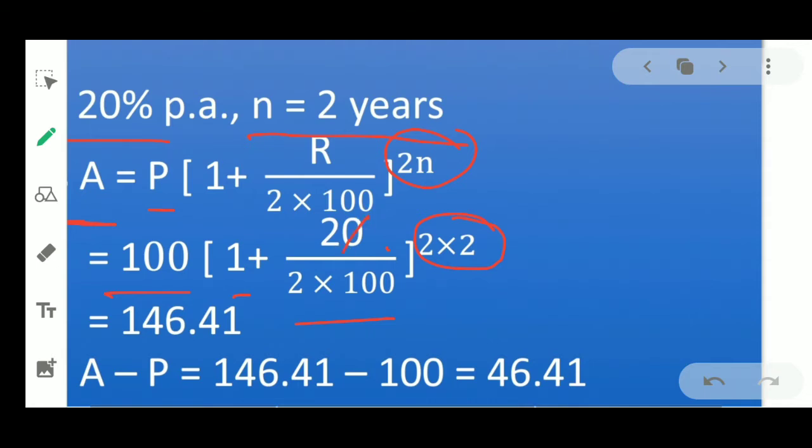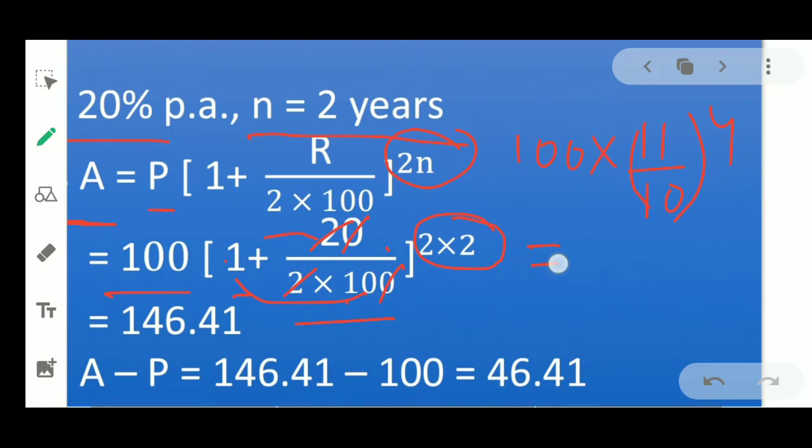Here the zeros will be cancelled. Okay, 2 will be cancelled here. So this will be 100 into 10 into 1, 10 into 1, 10 plus 1, that will be (11/10) whole to the power 4.